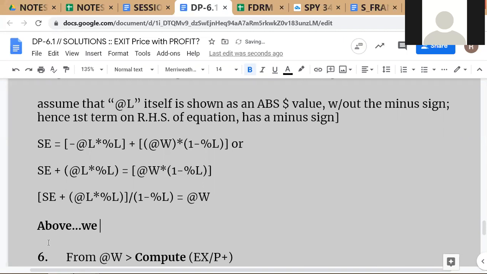Above, I want to make sure that you understand. I think I mentioned this to you before.